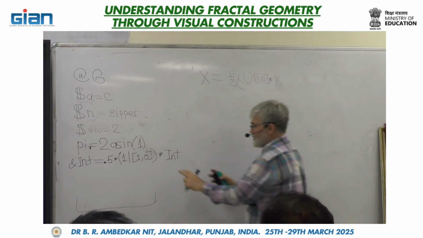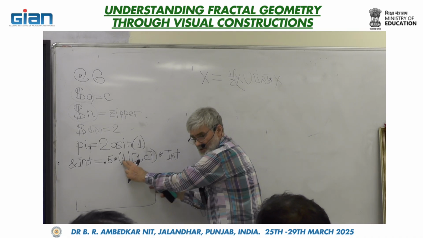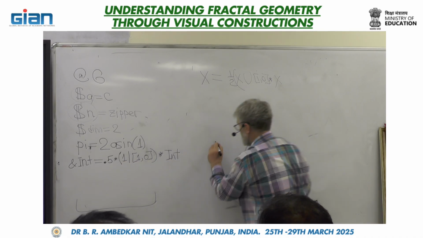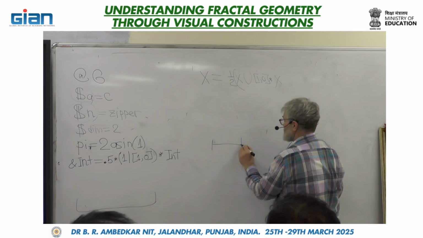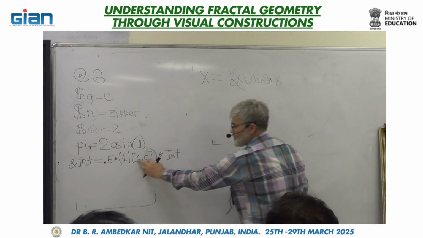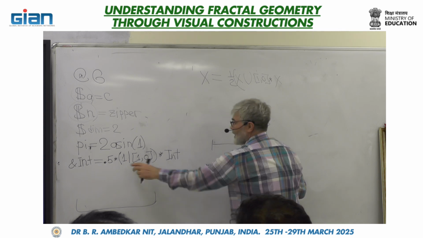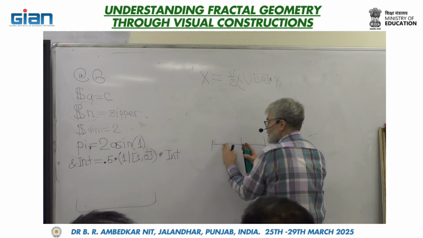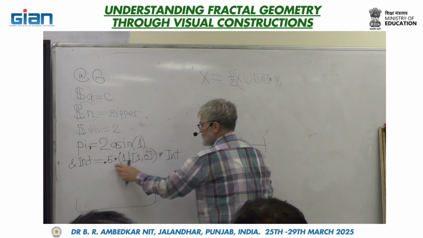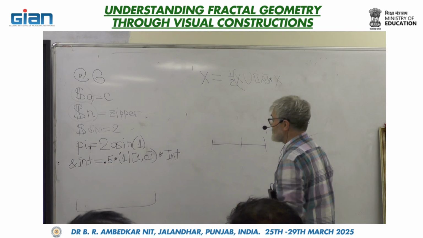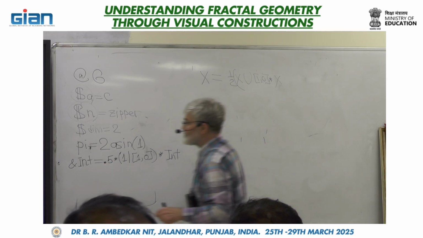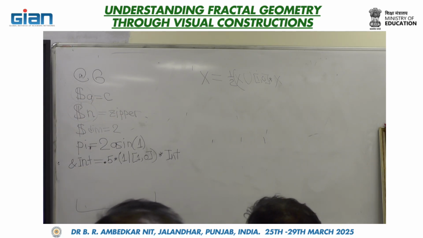So if we take the interval, translated by 1/0, this is a translation by 1/0, and then shrink it by a factor of 1/2. So this is a definition of interval, and if I delete this ampersand sign, I can do this.